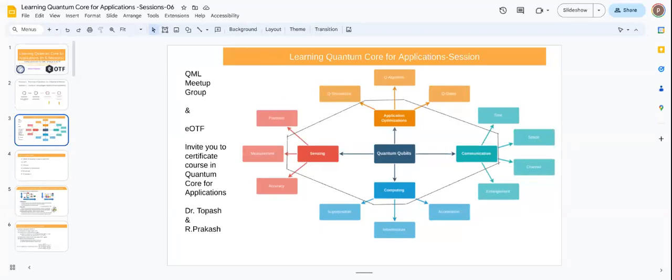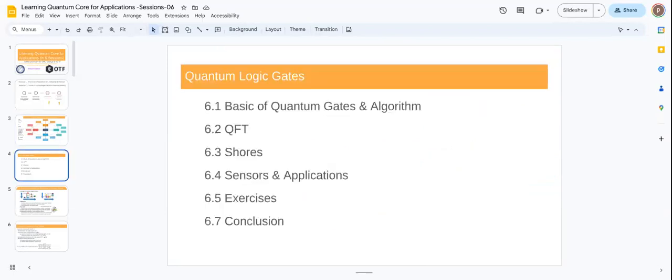We are not covering adiabatic quantum, so this is mostly related to gate-based quantum.